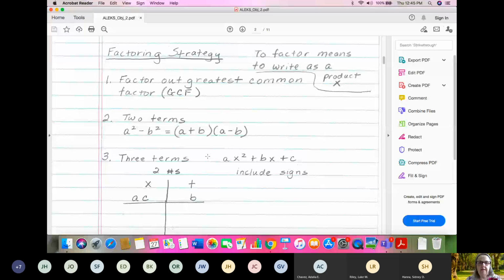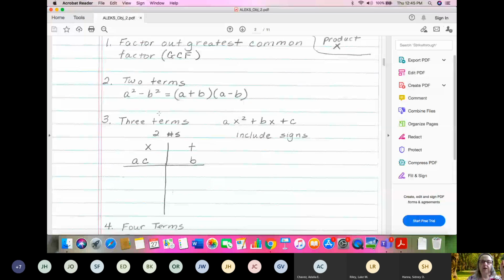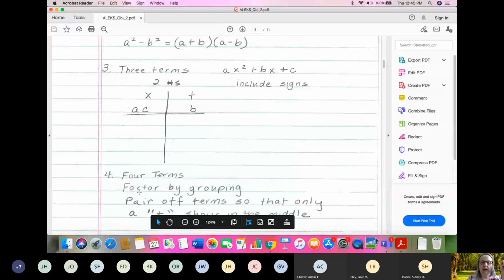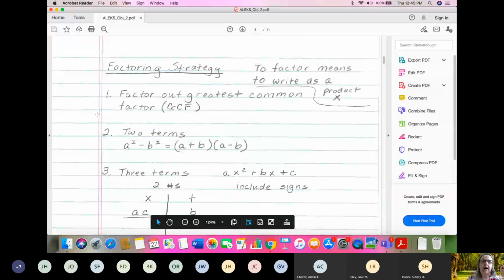You're going to be asked to factor problems which have 2 terms, 3 terms, and 4 terms.